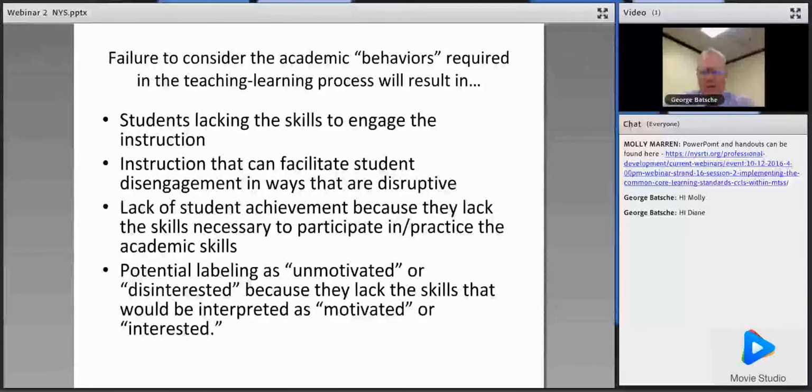So as a teacher, as you look at your Common Core learning standards and in your lesson planning process, develop instructional routines for that particular standard. If those instructional routines require engagement skills that students don't have, then as you begin those instructional routines, the students are going to become disengaged.